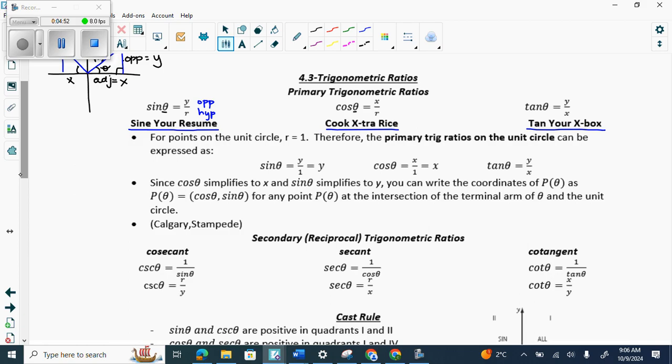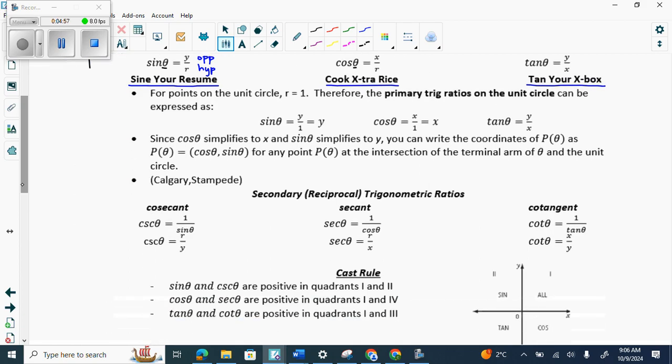Well, if I know SOH CAH TOA, I would have cosecant theta technically is 1 divided by, and I'm going to put it sideways if it's a fraction because I'm going to flip, sine theta. We agree? That's what it says on the formula sheet. Then cosecant theta equals 1 divided by sine theta, which is y over r.